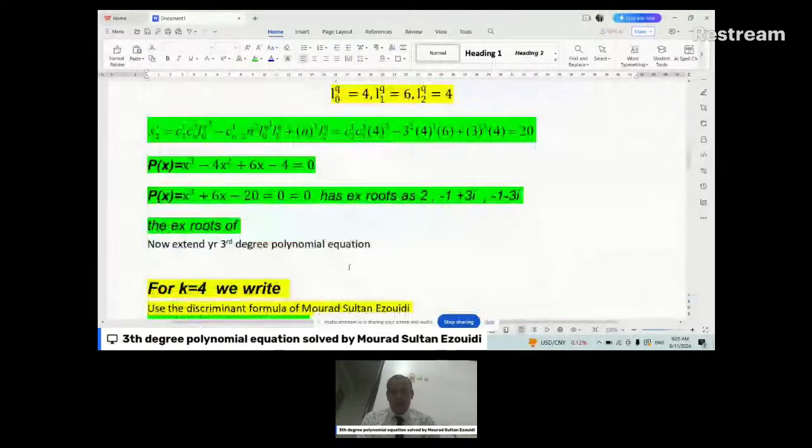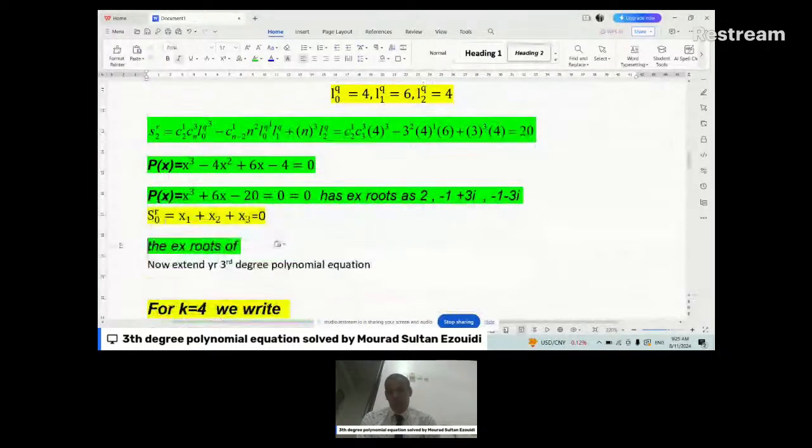So simply, 0 equals x1 plus x2 plus x3, equal what, learners?